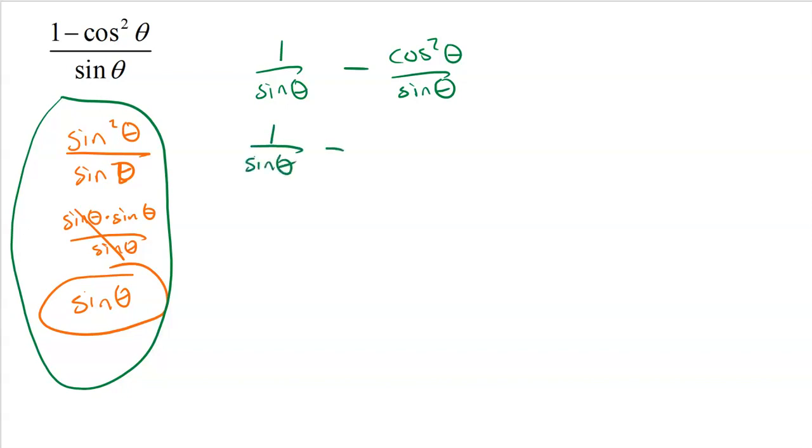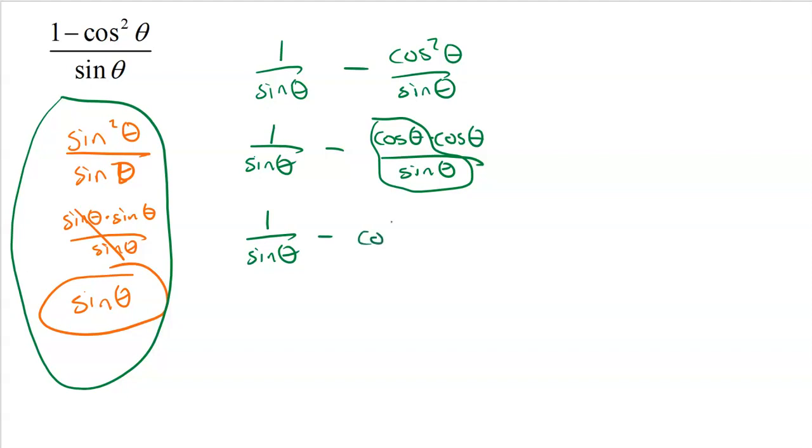Now check this out. I can actually separate this, right? On top is a cosine times cosine. So this right here is a cotangent. So I have 1 over sine minus cotangent of theta times cosine of theta, right? So again, the cosine over sine, it's cosine squared is cosine times cosine.